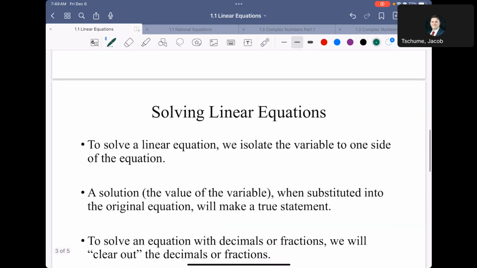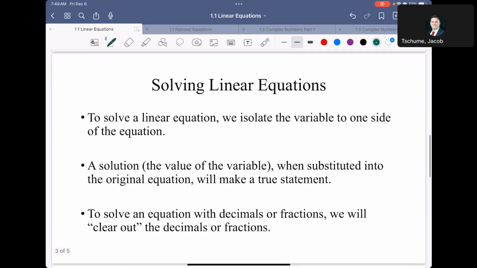So typically solving linear equations can be very direct, and we'll see a couple of those, but sometimes it does take a few more steps than what we're typically used to. So here's my three-step strategy I tell students to do when they're solving linear equations. Number one, the whole goal is we are trying to isolate the variable to one side of the equation.